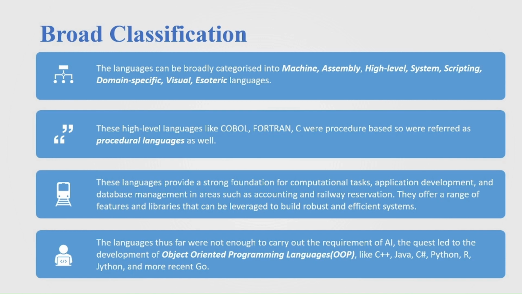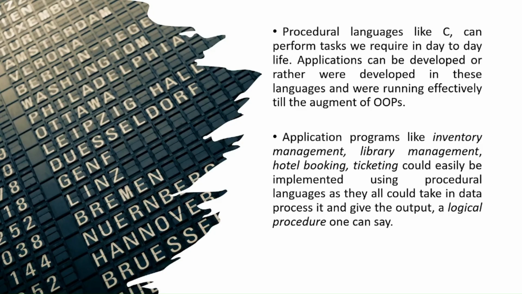In that category, it falls in the same category as high-level languages. We have C++, Python, Java, C Sharp. We have R, Python, and more recently we have Go also, right? The procedural languages and the other languages may differ in syntax and semantics, but the approach is to get the application done.